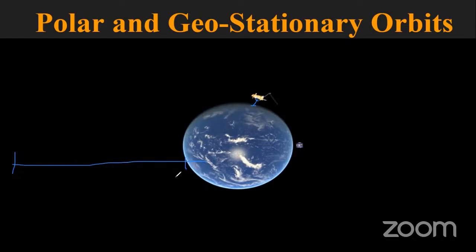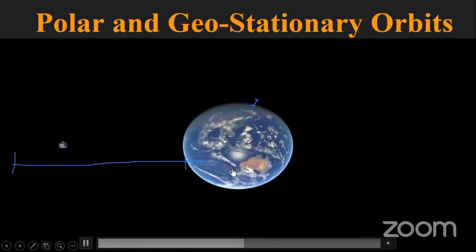Keep this in mind. In the next slide, we'll try to understand. One more thing you should observe in this animation is that this is moving at a very high speed, whereas the geosynchronous one is moving at a very low speed. We'll discuss this. Observe the animation.